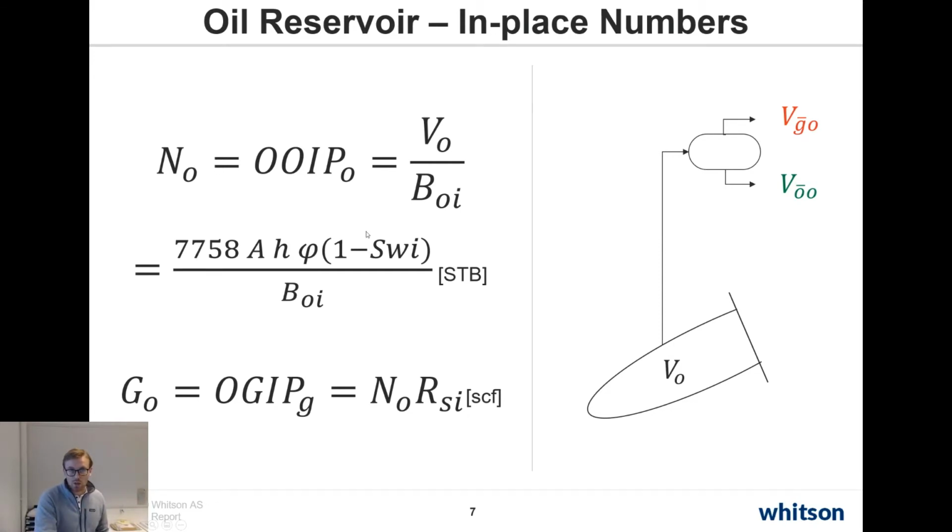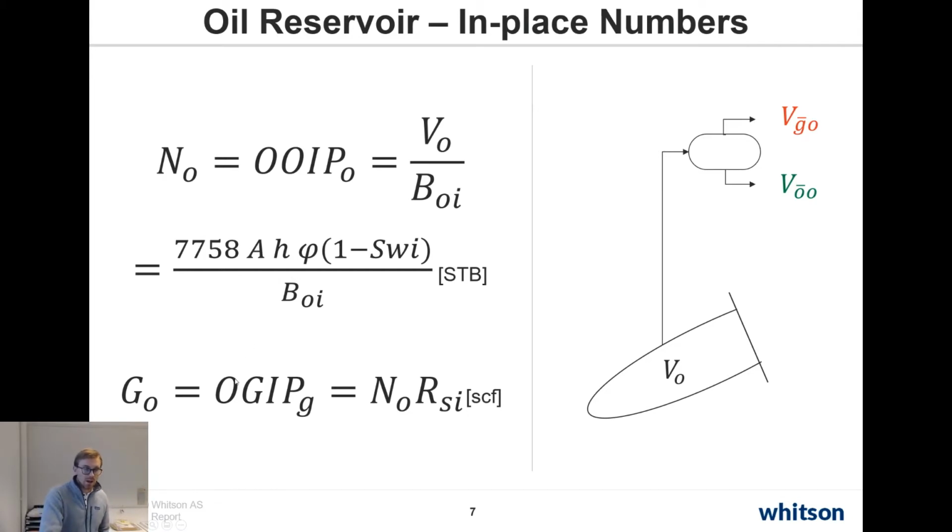So to calculate the original oil in place, and note that we also here have a subscript O, that's to essentially note that this is the original oil in place originating from the reservoir oil. And to calculate that, as we learned many times in university, we simply need to know the oil volume down in the reservoir. So we account for water saturation, porosity, and the simple volumetrics, and then we divide by this formation volume factor.